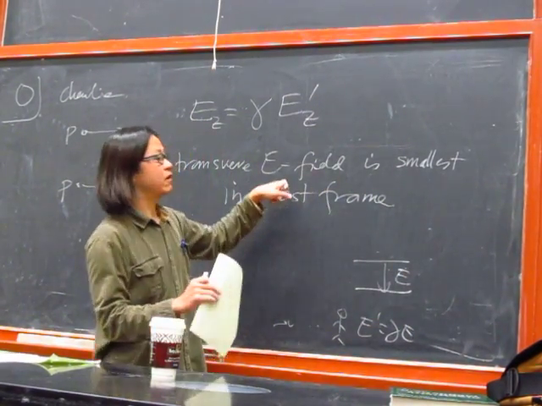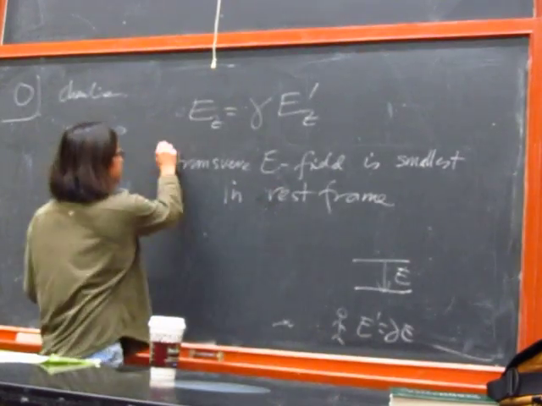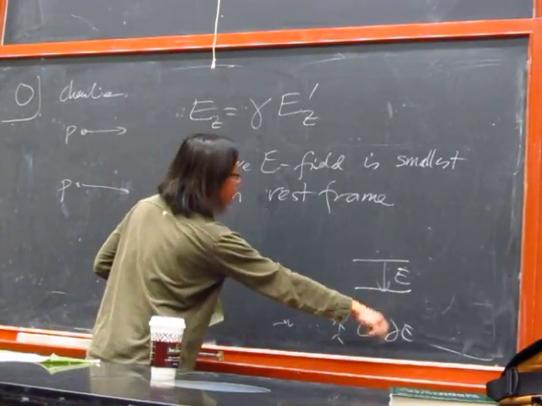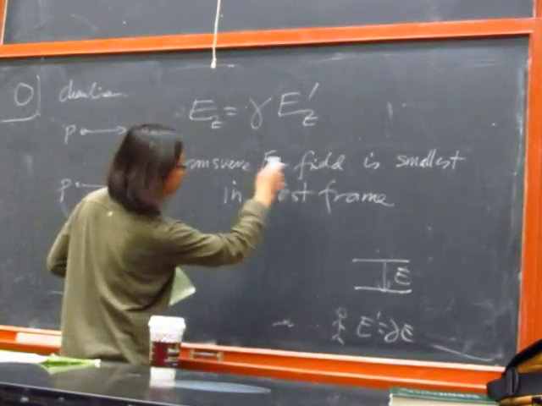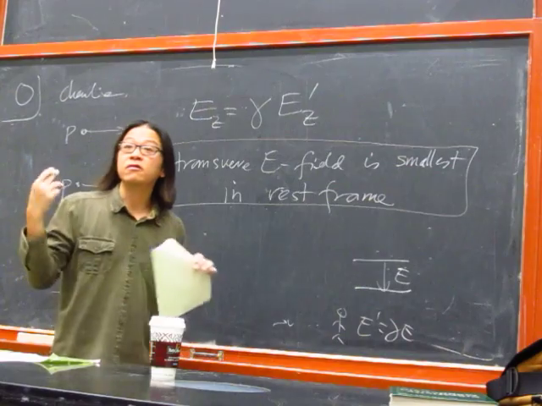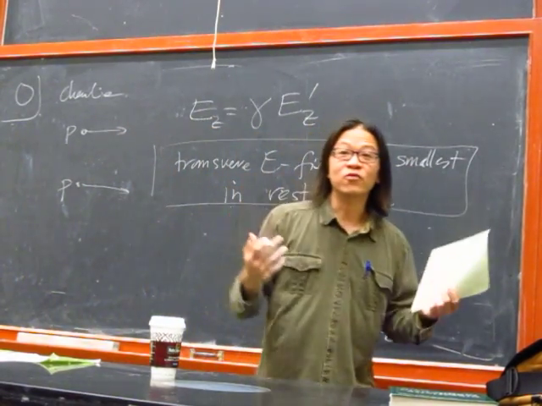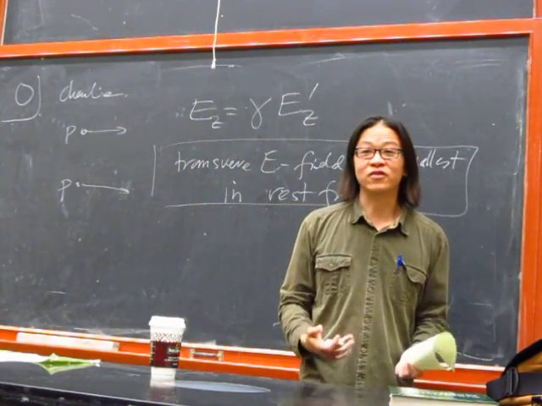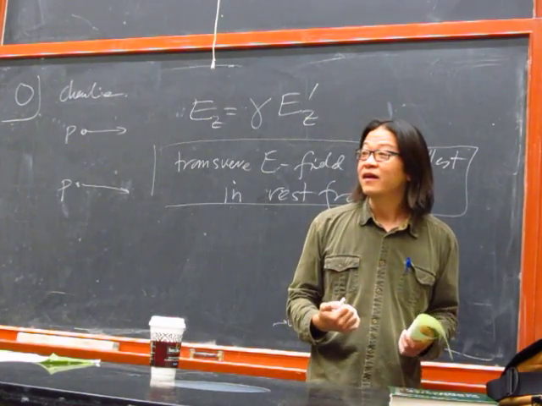So always remember this, then you'll never make a mistake with the notation. See how the notation is not consistent? But just remember that part, just like in Lorentz contraction, always remember a moving rod is shorter.